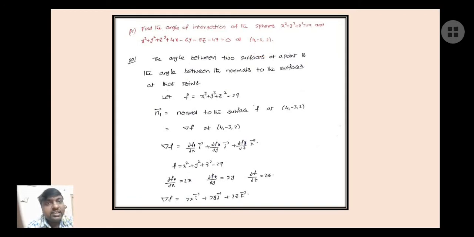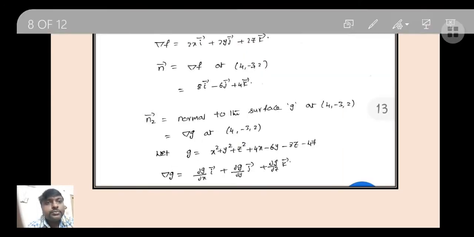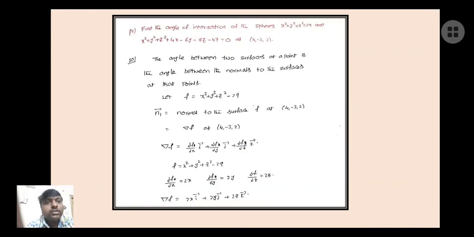Okay, see here, the angle between two surfaces at a point is the angle between the normals to the surfaces at that point, from the definition only. Now I can take one of the surfaces f equal to x square plus y square plus z square minus 29.